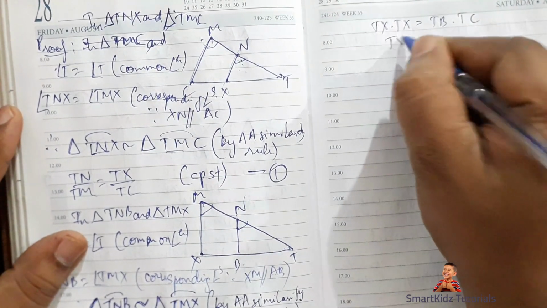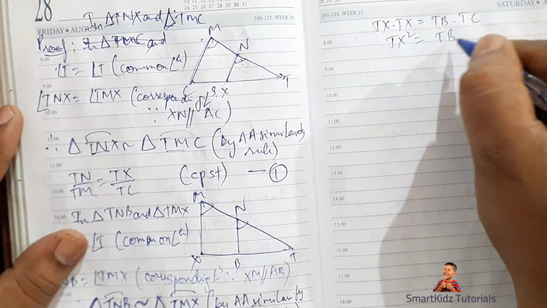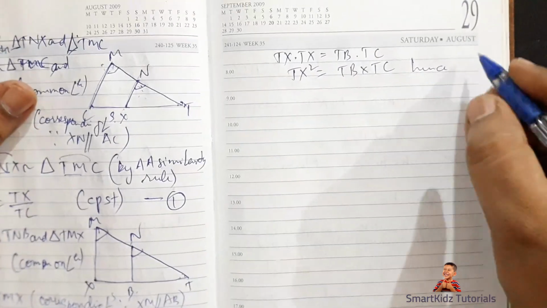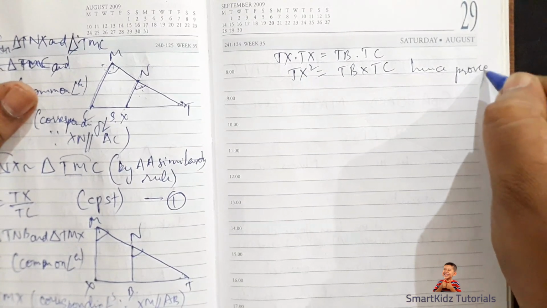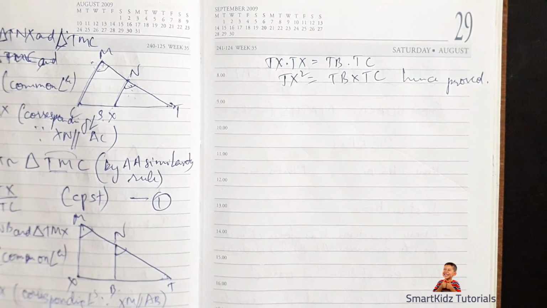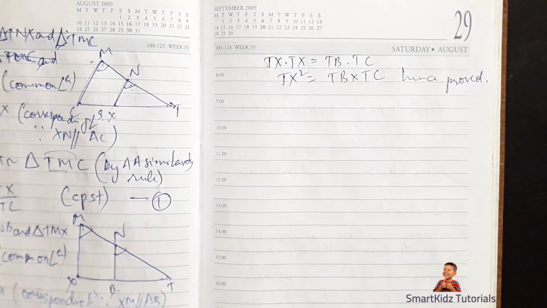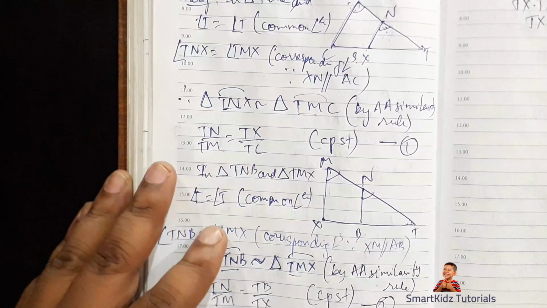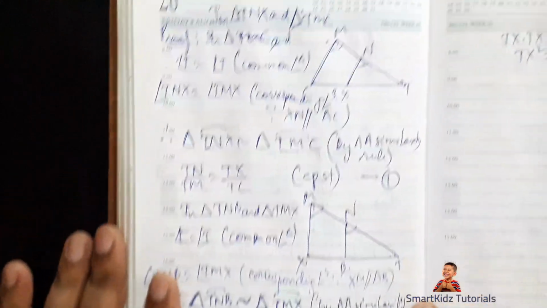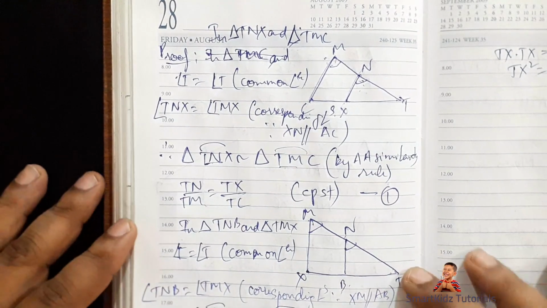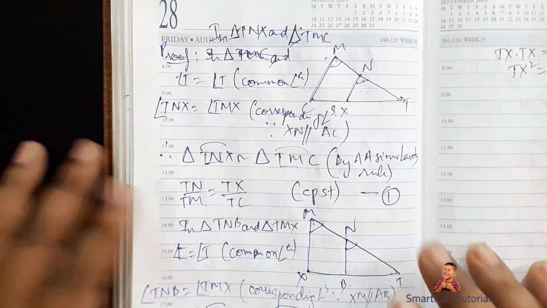Tx into Tx is Tx square equal to Tb into Tc. Hence proved. So you decide which way you want to do. This is a little bit shorter way to do it, using similar triangles, and whenever you get a complicated figure, always look to break it up, so that our eyes don't get confused. This way it becomes easier for us to handle.